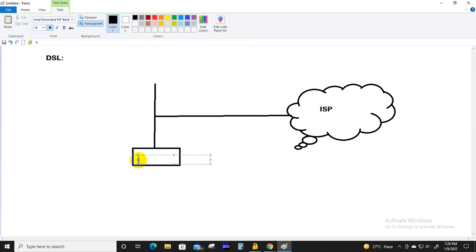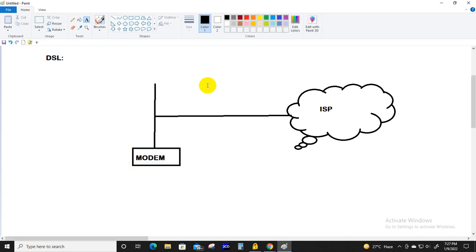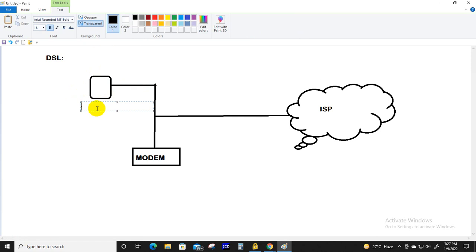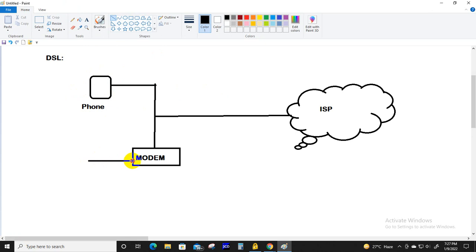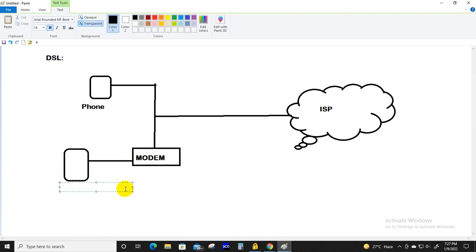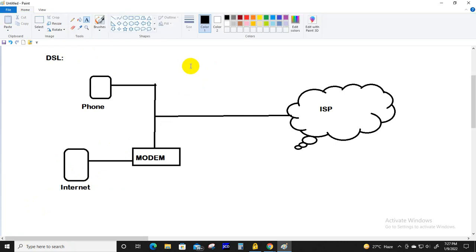Actually, this is the modem. This connection goes to phone, and this connection goes to internet. So this is DSL connection.